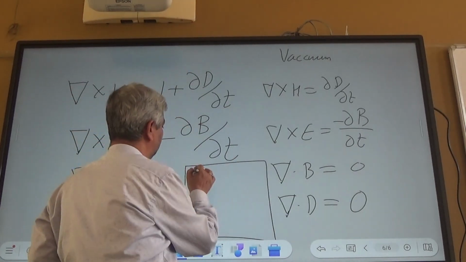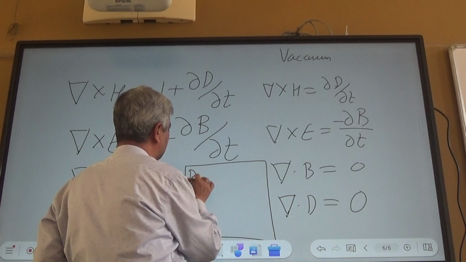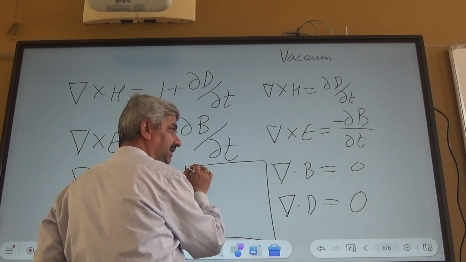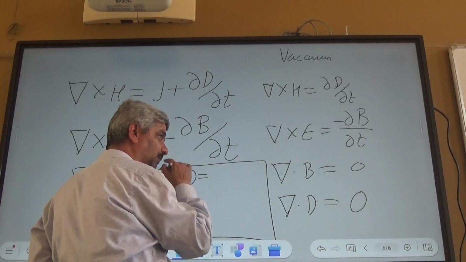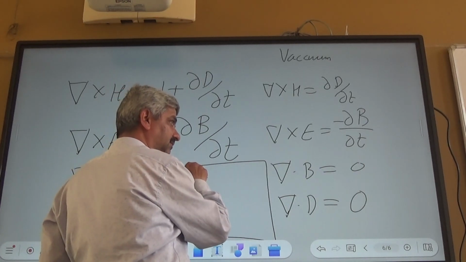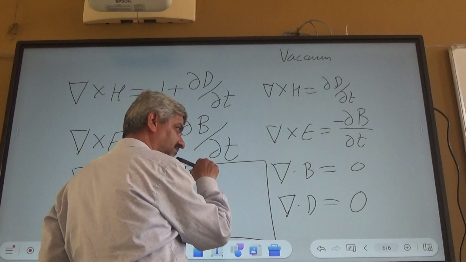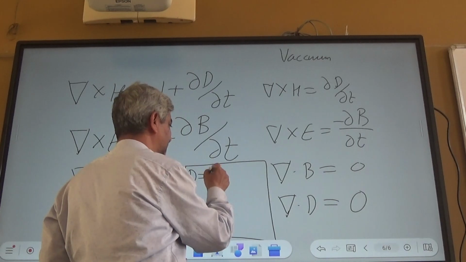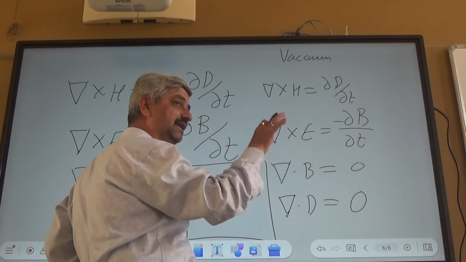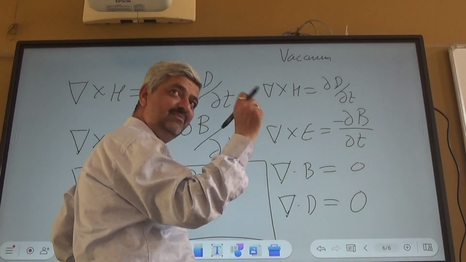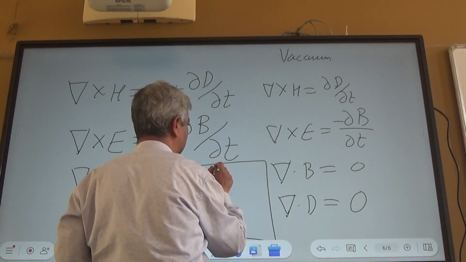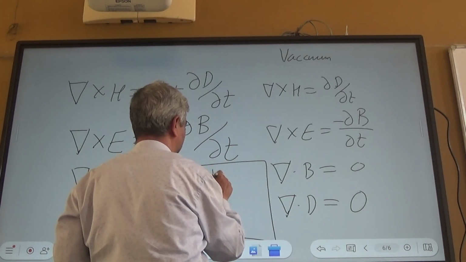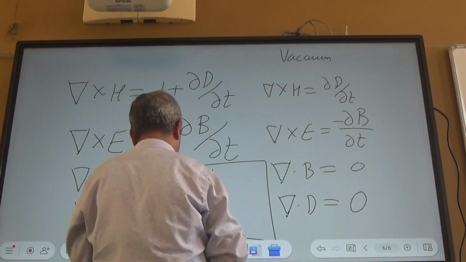So if D is equal to, then in the book they write capital D, bold D, but here there is a problem. So I will write with a different color.